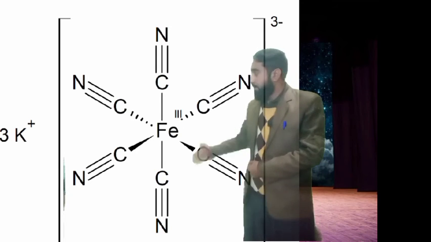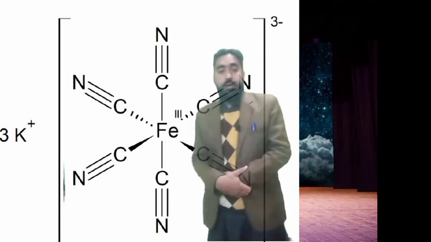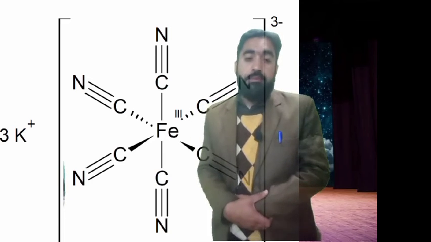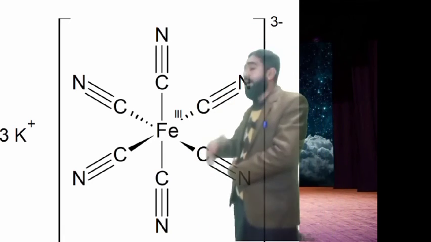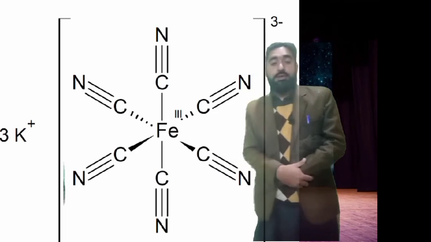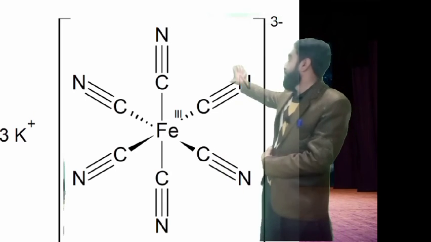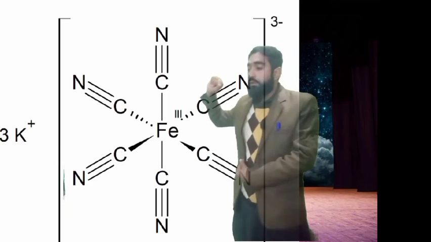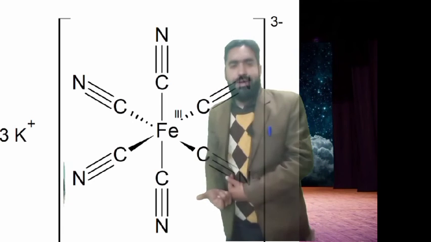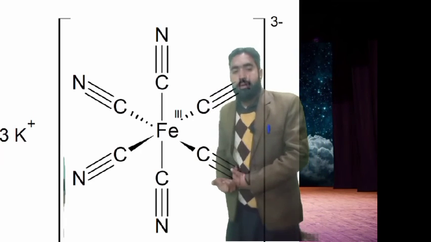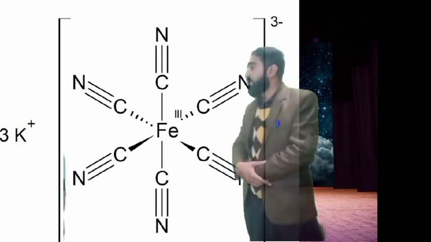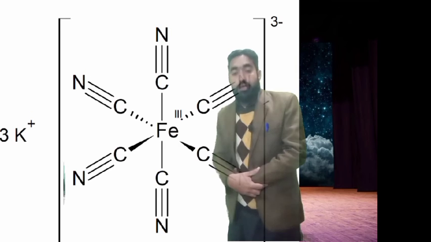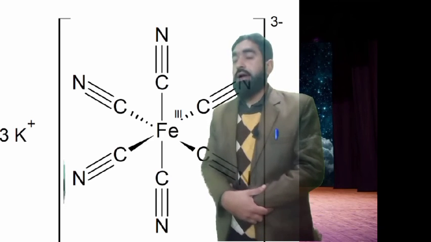We will discuss an example: potassium ferrocyanide. In this example, there's a complex ion. It's formed with a combination of potassium cyanide and ferrous sulfate. On dissociation, it forms potassium and ferrocyanide.